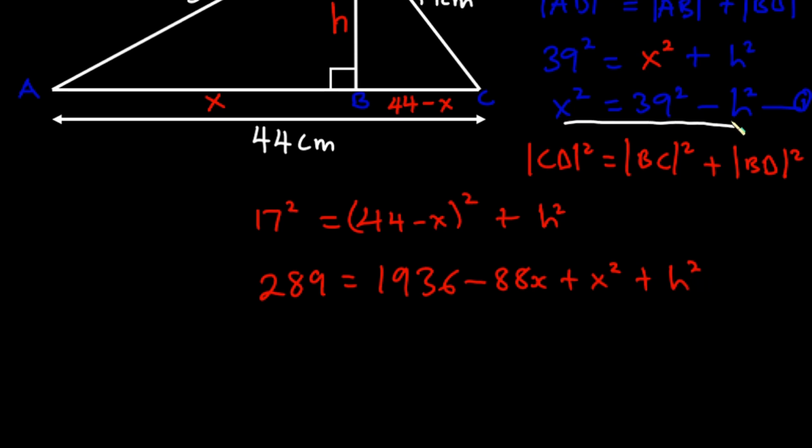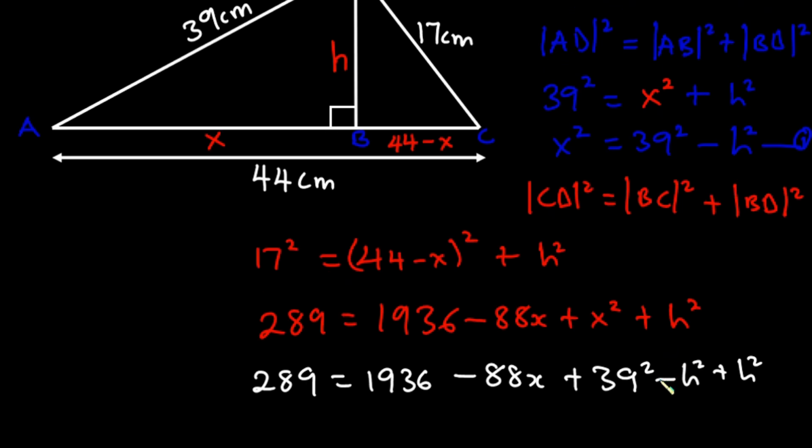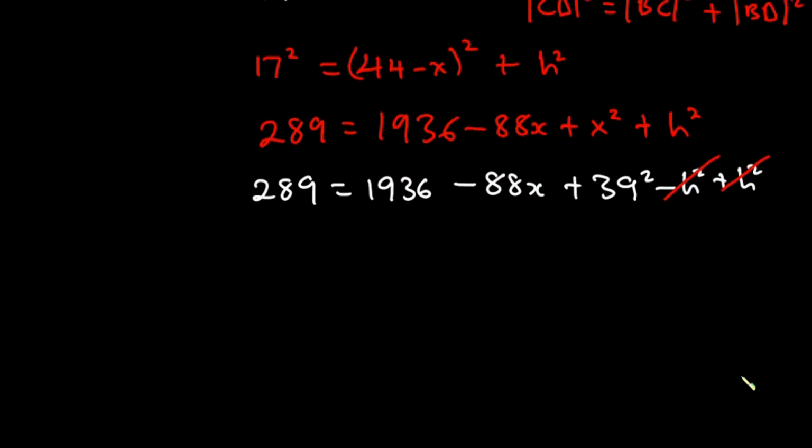But from equation 1, we know the value of x squared. So in place of x squared, we're going to put 39 squared minus h squared. So we have 289 is equal to 1936 minus 88x plus 39 squared minus h squared plus h squared. And straight away we can see that this negative h squared will cancel this positive h squared.